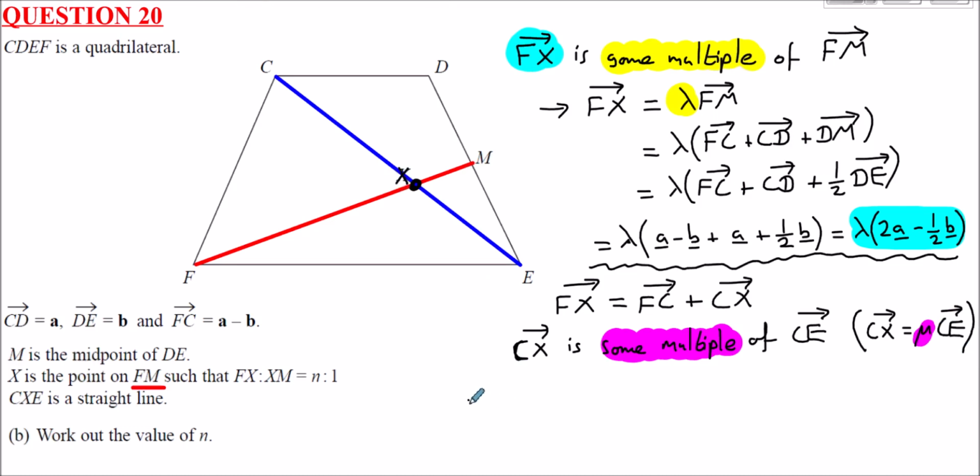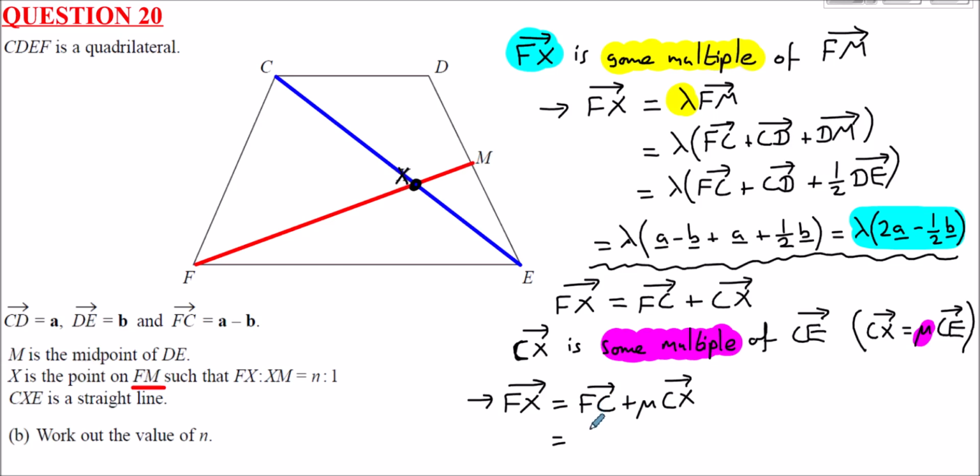So based on this one here, I can say that FX equals FC plus mu lots of CX. So what I need to do here is get it from this lettered form into a vector form.